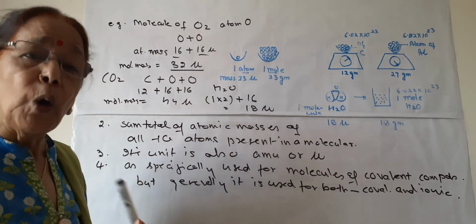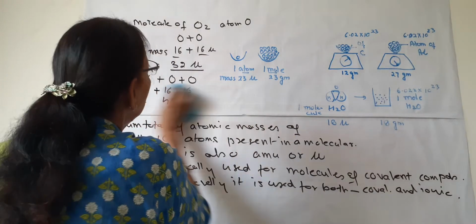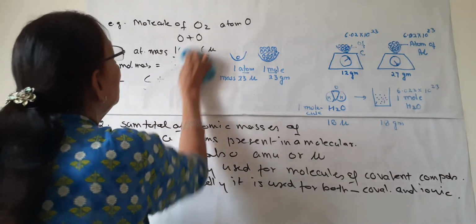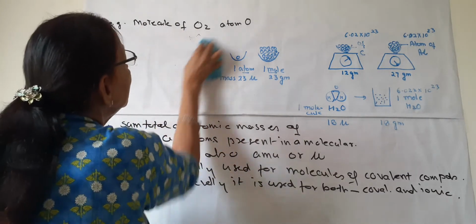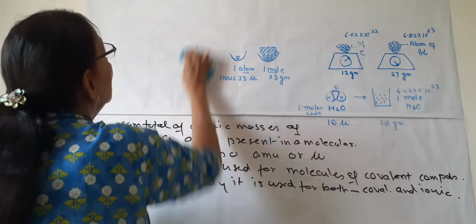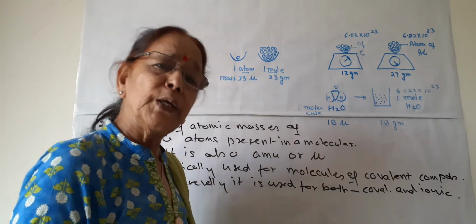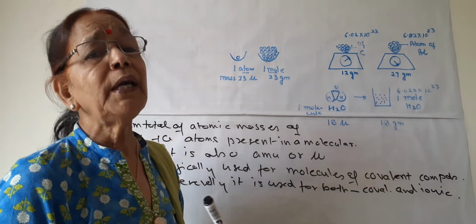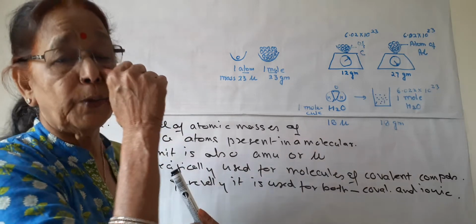And we get the molecular mass. Now, the second, we come to the formula unit mass. What is a formula unit? A formula unit is not different from a molecule. A molecule of a covalent compound is known as a molecule and a molecule of an ionic compound is known as a formula unit.